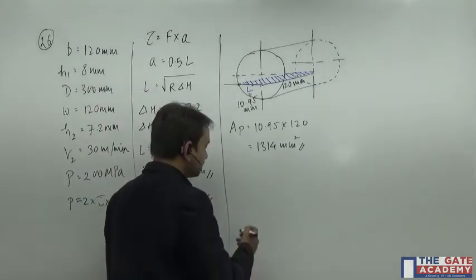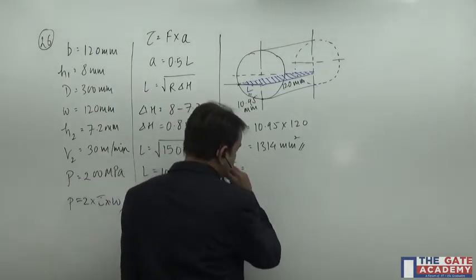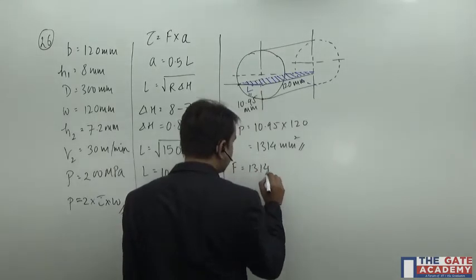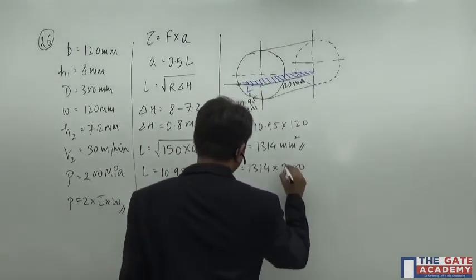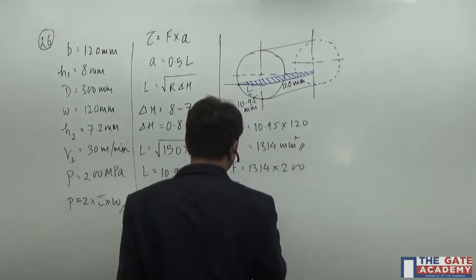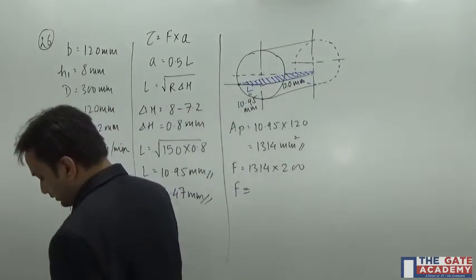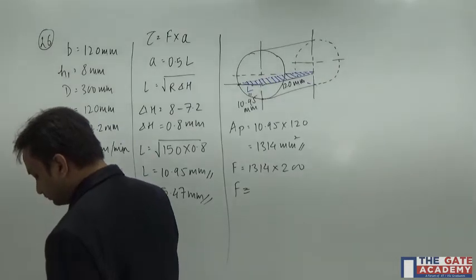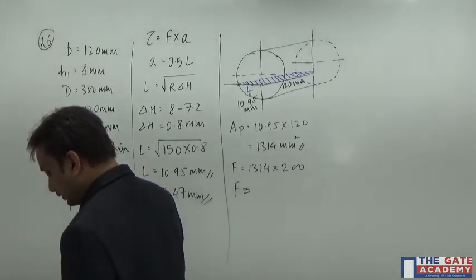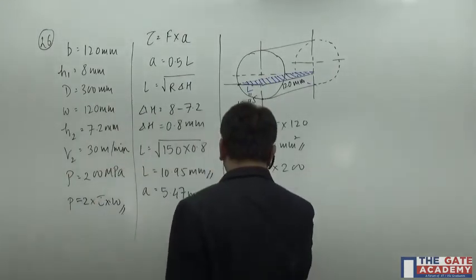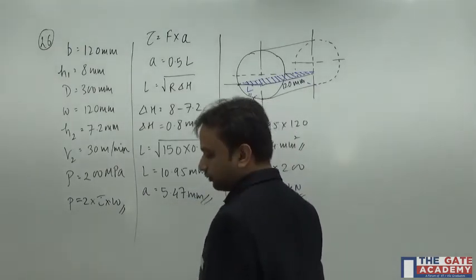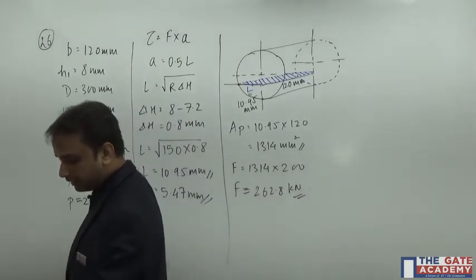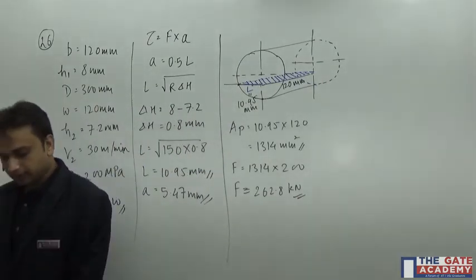Now for computing the force, it is projected area 1314 mm square times 200 MPa times 200. So you will get force which is equal to 262.8 kilonewton. Okay, so this is the force that I am getting, 262.8 kilonewton. All right.